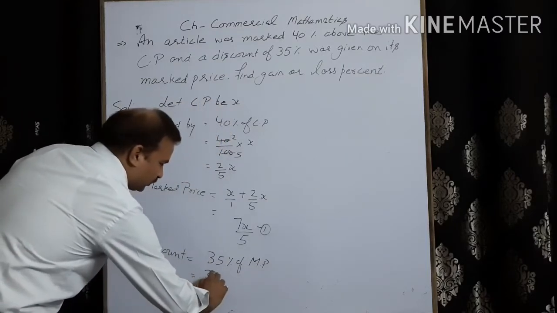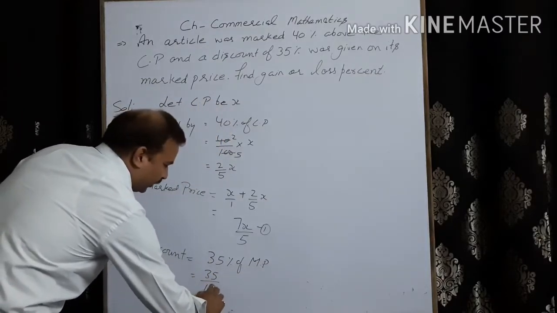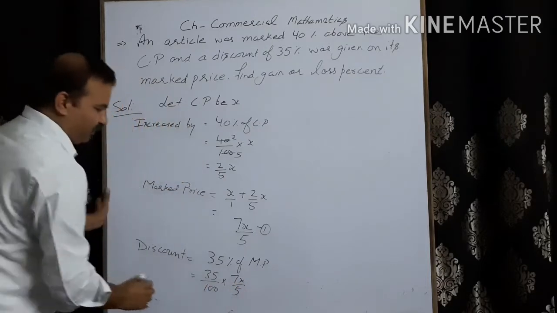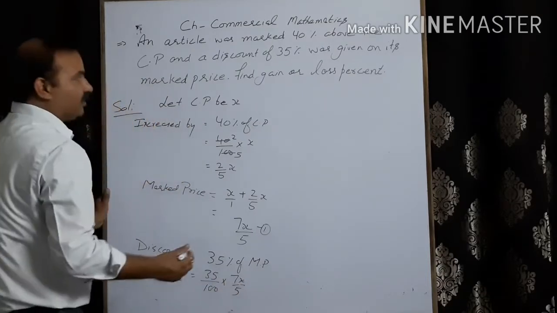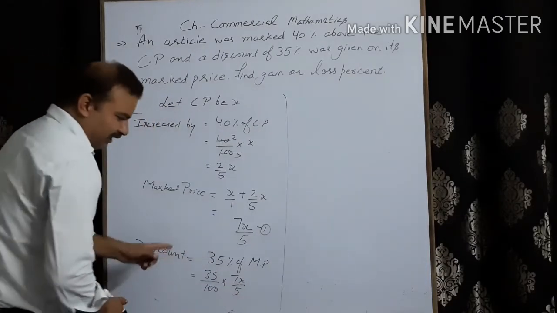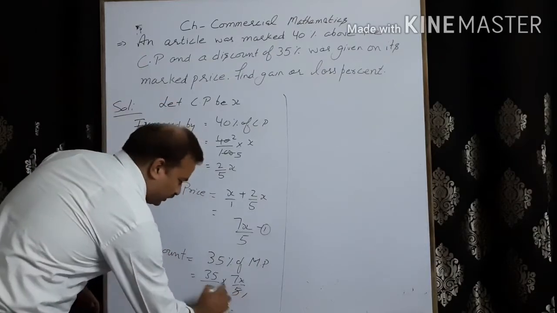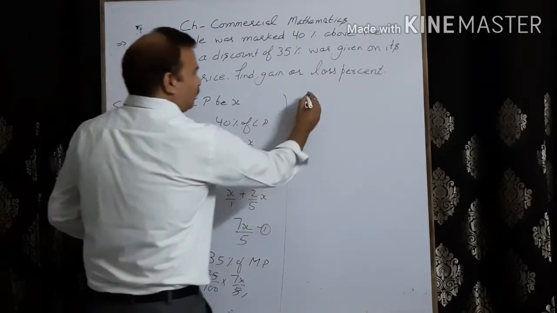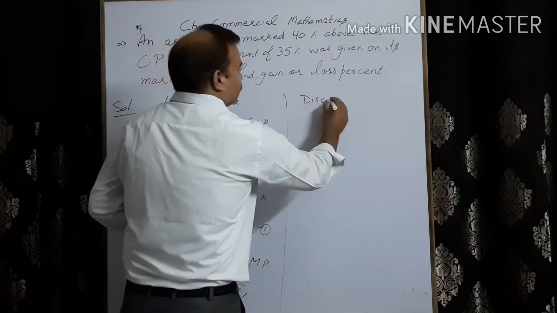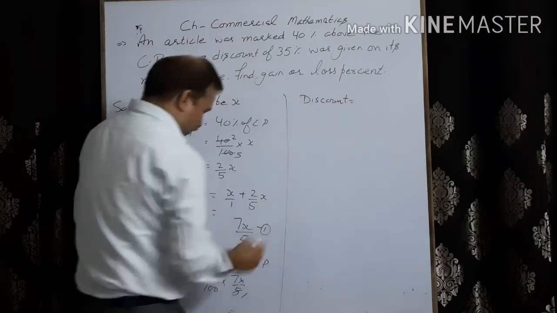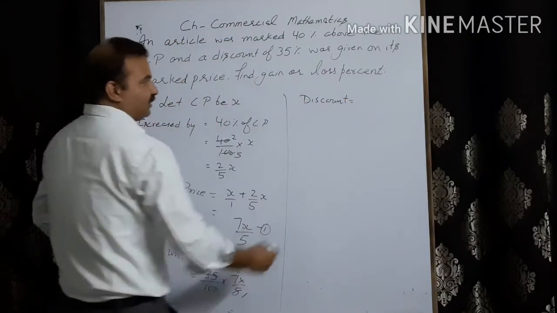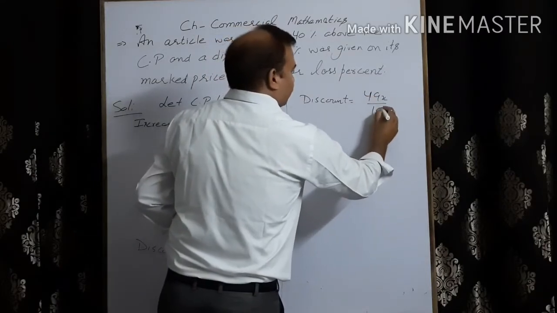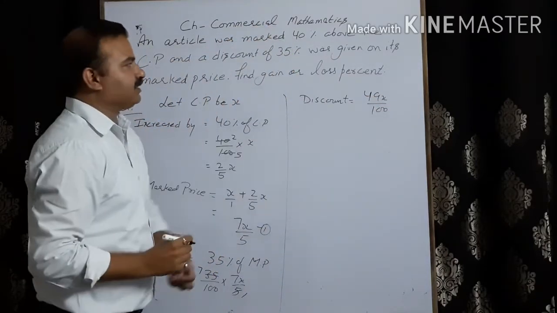So that will be 35 upon 100 multiplied by 7x by 5. Fine. After that, let's cancel here. This will become 5 ones are 5, 5 sevens are 35. Now I'm writing on the right hand side. So the discount is equal to 7 multiplied by 7, that will become 49x by 100. This is the discount.